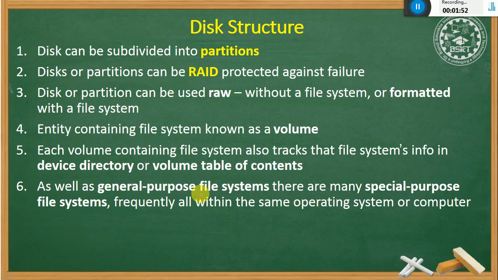The next important question is how the disk structure looks. Basically, this question arises when you are storing data on the secondary storage. Generally we have seen this in hardware maintenance: how the hard disk works, how the data is stored on the hard disk.